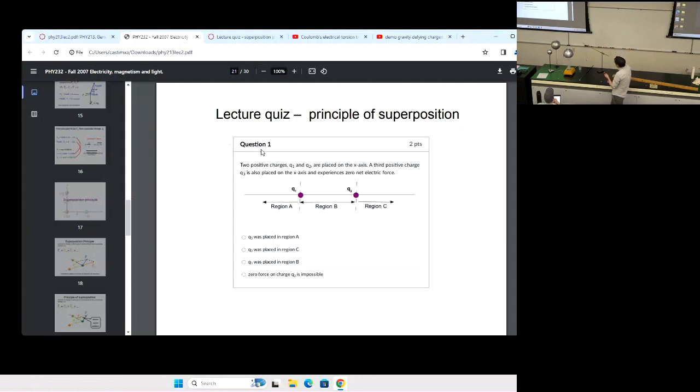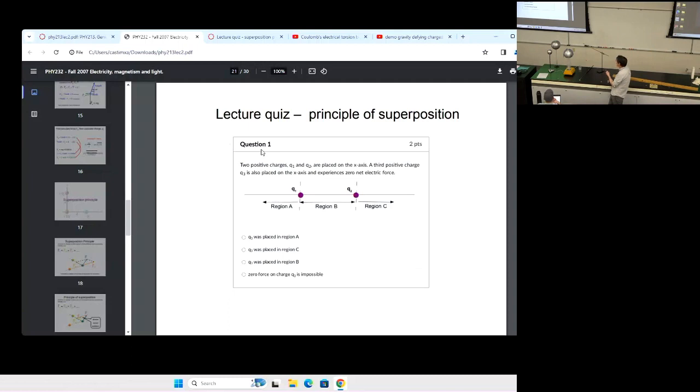When I describe this, I'm going to imagine all the charges are positive, but the same argument would apply with all the charges being negative. If we're over here on the left, then we're on the left of both of these charges, and so the repulsive forces will be to the left. They can't cancel out because they're in the same direction.